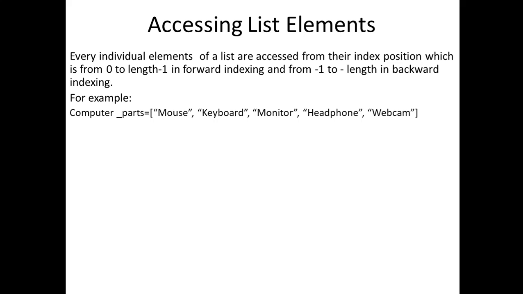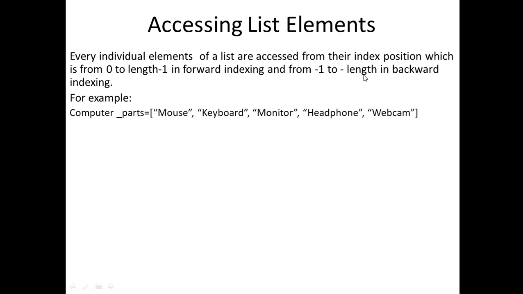As you can see here, every individual element of a list is accessed from its index position, which is from 0 to length minus 1 in forward indexing and from minus 1 to minus length in backward indexing. In the last video I told you how to create the list, and list elements are stored sequentially.